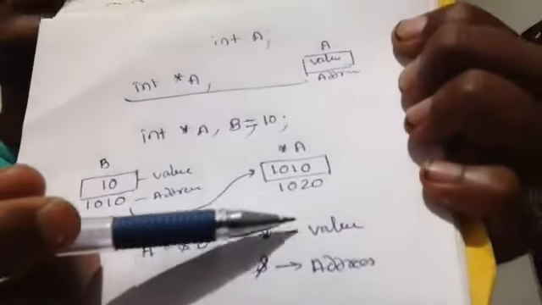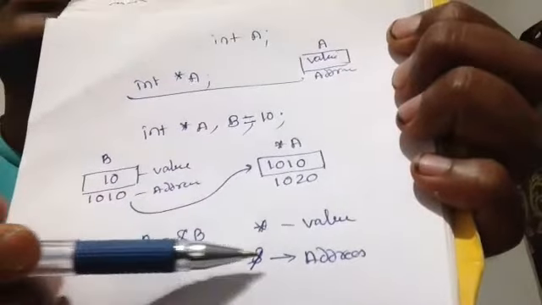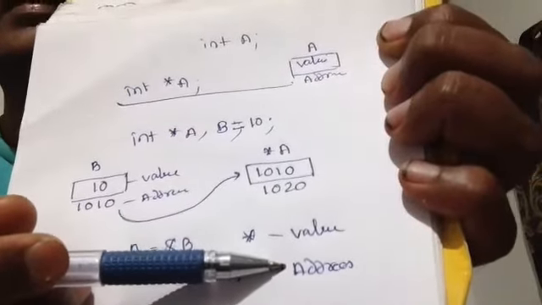So star always go for value and ampersand always go for address. Okay. Now if you go for the first printf, what it will display? The address of what? B. B. So what is the value? 10. Address of B is what? 5060.